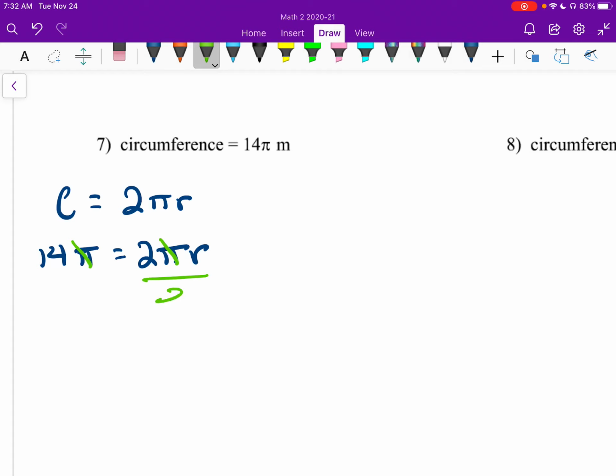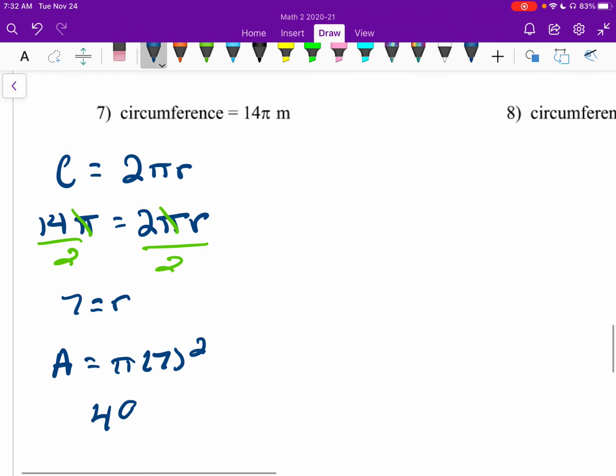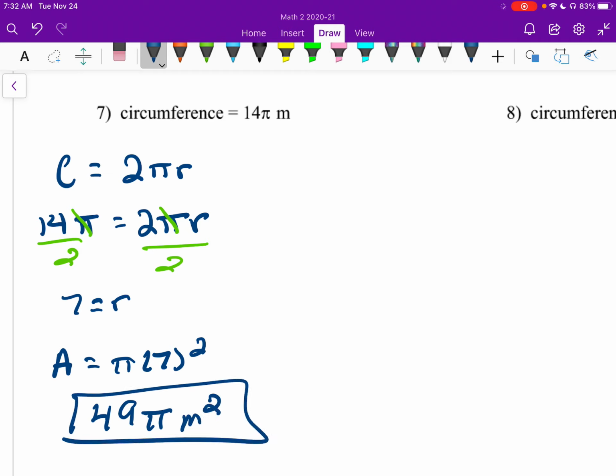And then I divide by 2 on both sides. And I get 7 is r. So now I can find my area. Area is pi 7 squared, 49 pi, and our units are meters squared.